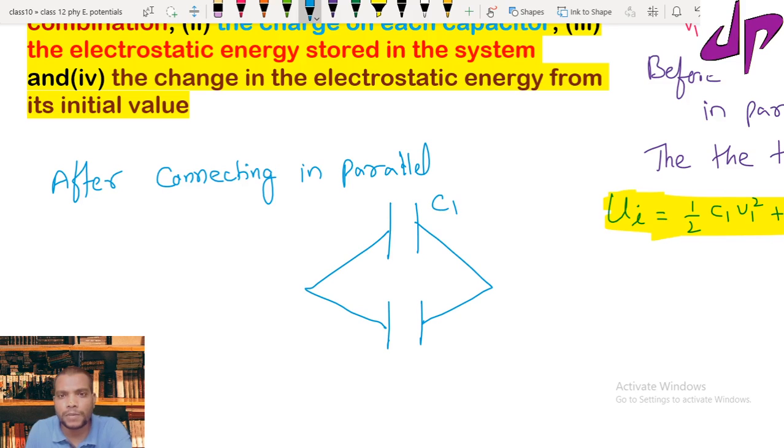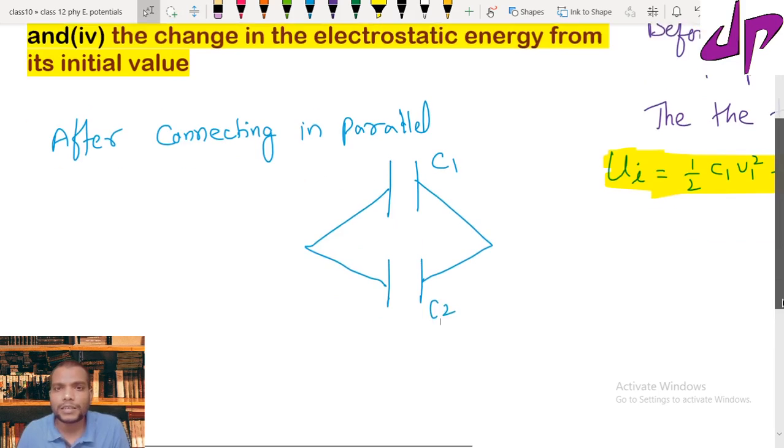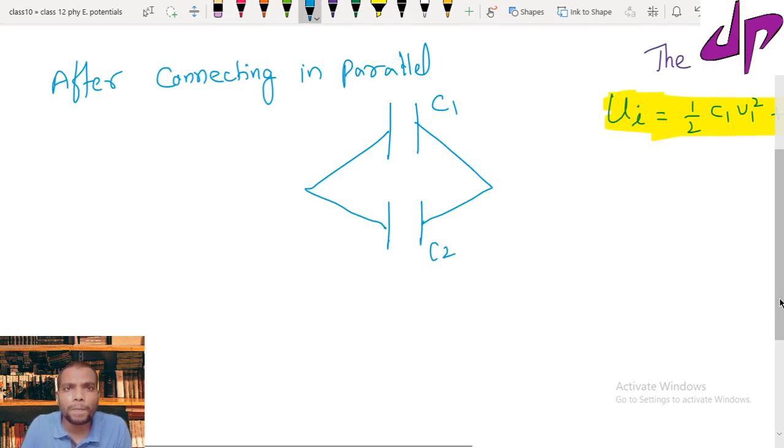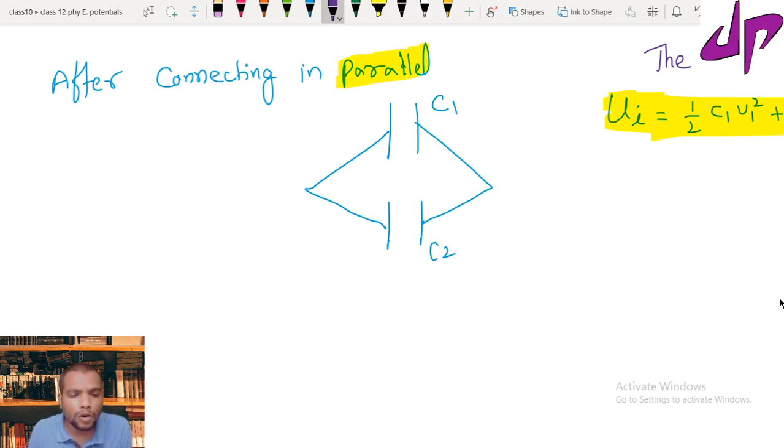This is the C1 capacitance, this is the C2 capacitance. Once they are connected in parallel, what happens? Since it's a parallel combination, they will both reach a common potential. So that is the key word here.